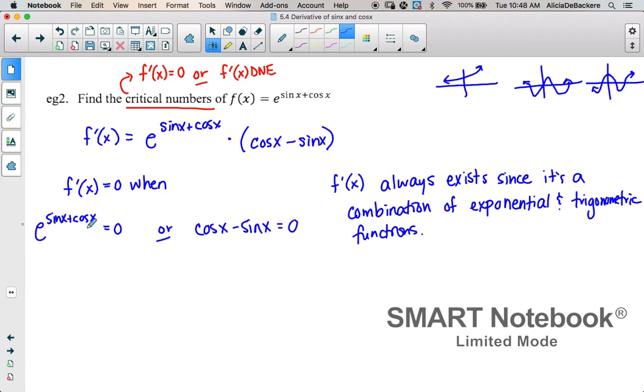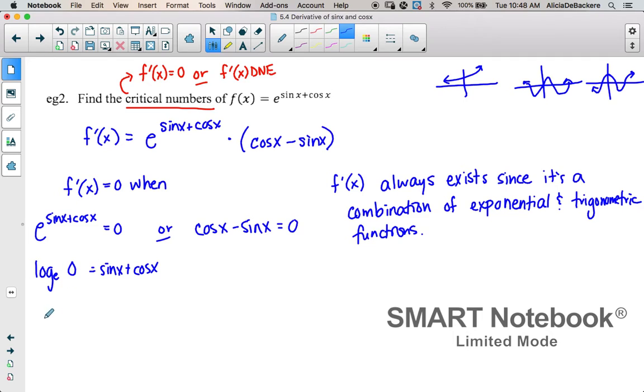Your other way to describe it is the algebraic way, which I think is a little bit cleaner in this case. So I'm just going to rewrite this as a logarithm. So I have log base e, or you could write ln here, and the log is equal to the exponent. So I know that the log is equal to sine x plus cos x, and I'm taking the log base e of the answer to the power, so it's of 0.